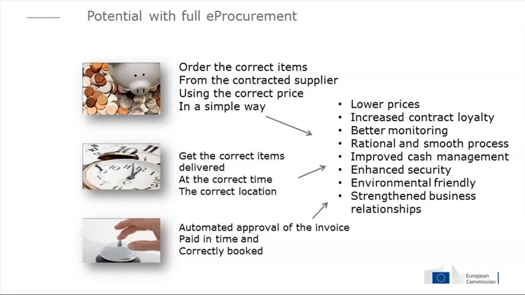We say that if you order the correct items from the contracted supplier using the correct prices in a simple way, you get the correct items delivered at the correct time to the correct location, and you have then automated approval of the invoices which are paid in time and correctly booked. And if you have all of these capabilities in place, you get lower prices, more loyalty to your contracts, better monitoring, a more rational and smooth process, and you see lots of benefits.